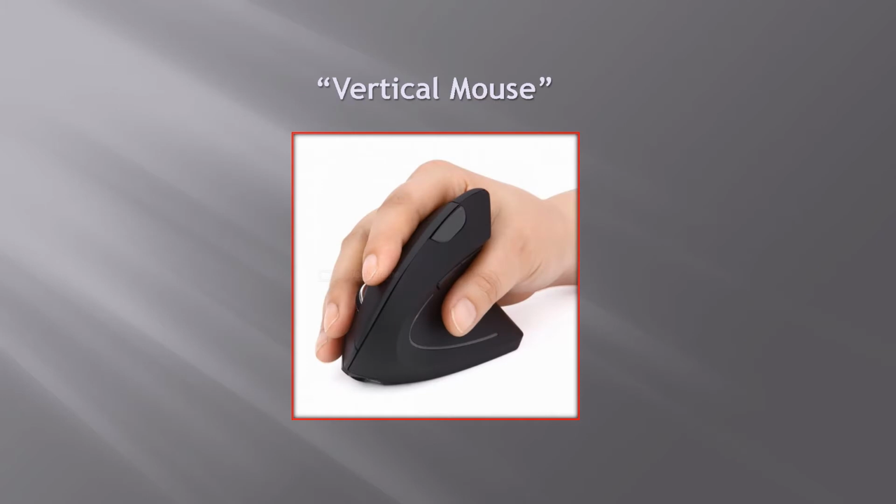This item is known as a vertical mouse. It is much more ergonomically correct in the way that it positions the hand, which makes it ideal for people who are suffering from carpal tunnel syndrome. This one is also a wireless mouse, which has its own benefits for ease of positioning.